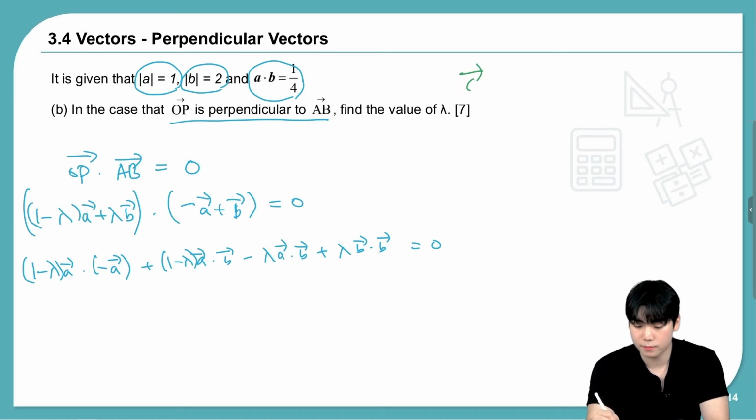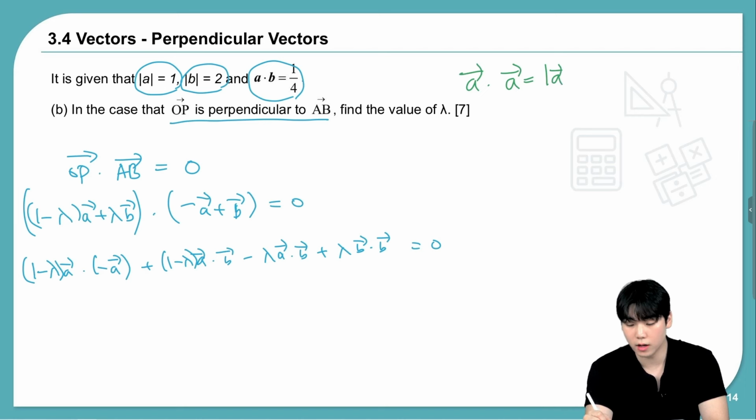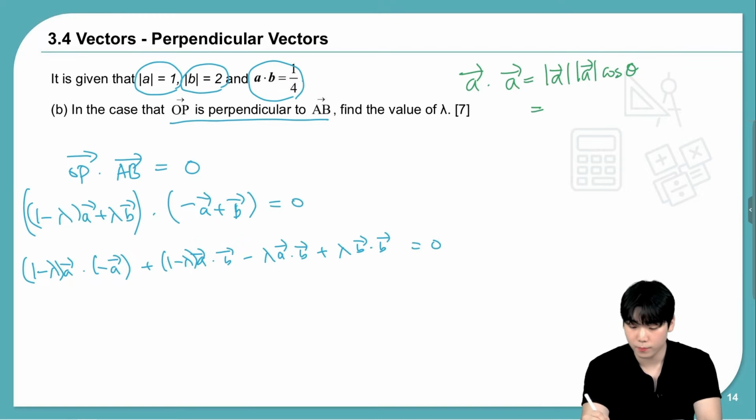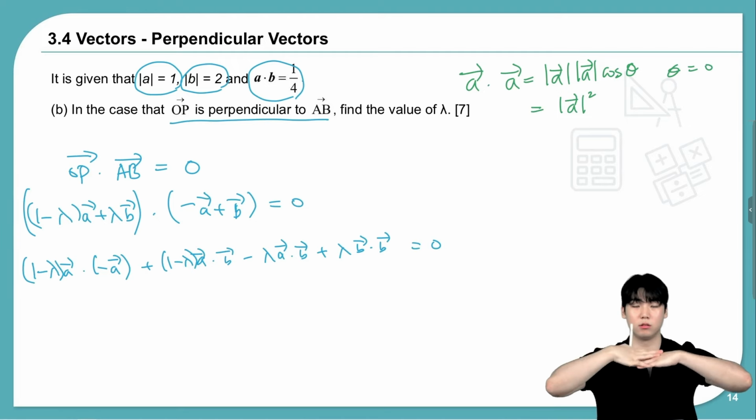A dot A, in theory, is just going to be vector modulus of A cosine theta, right? That's the dot product. So this is nothing but the modulus A squared, because theta is going to be 0 in this case. There is no difference in the two vectors.